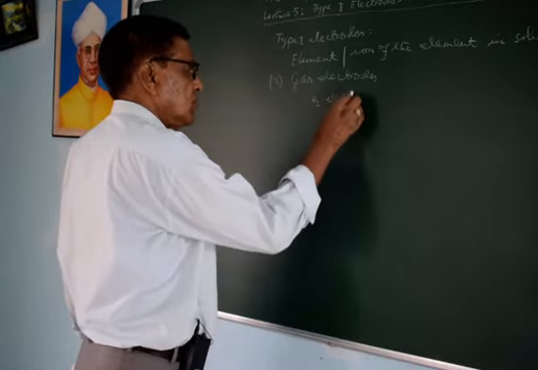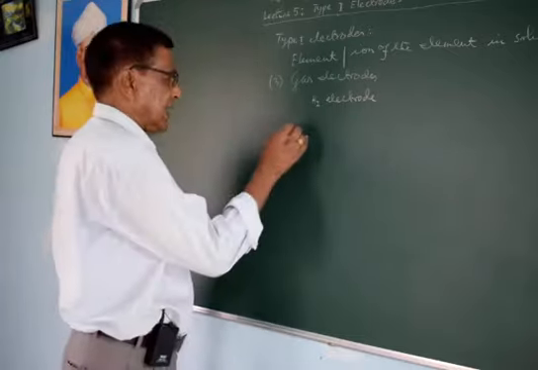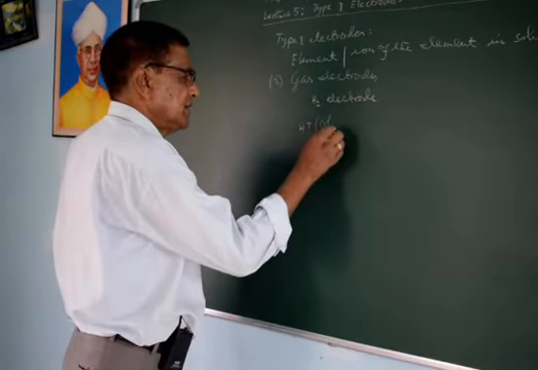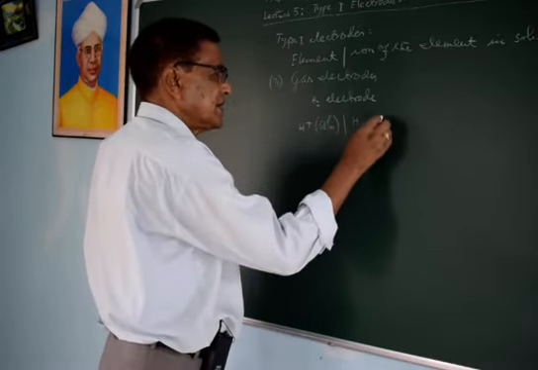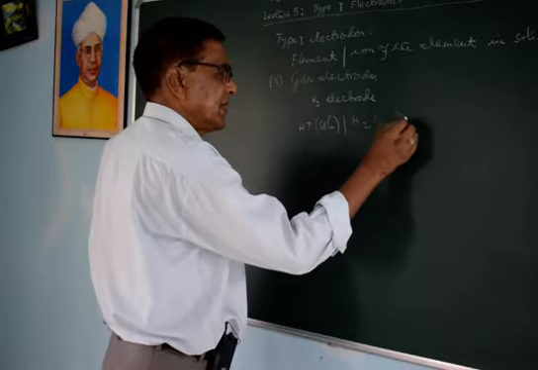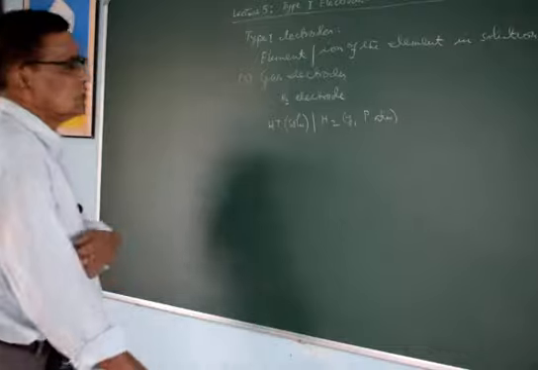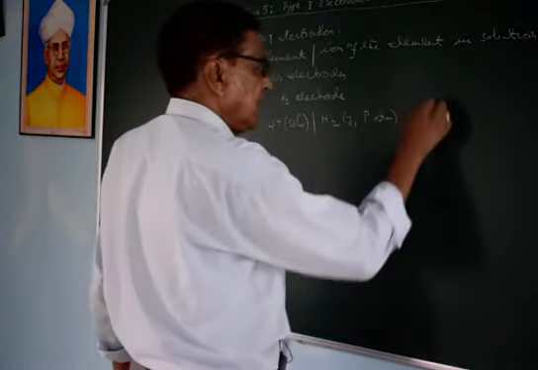This hydrogen electrode could be represented as H+ in solution, and here the hydrogen gas passed at P atmosphere. So this is a very simple electrode.